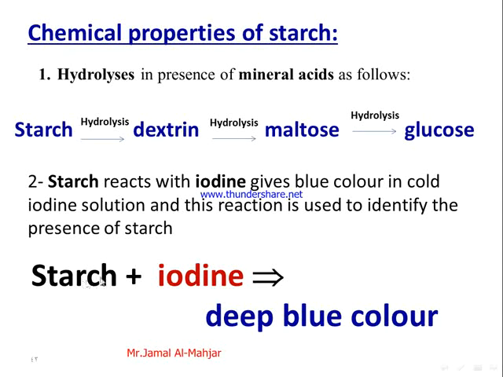So here this is starch, and the iodine gives us a deep blue color. This experiment is used to distinguish starch among other saccharides. This is also a very important point.